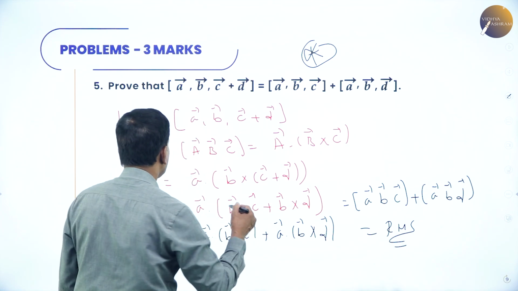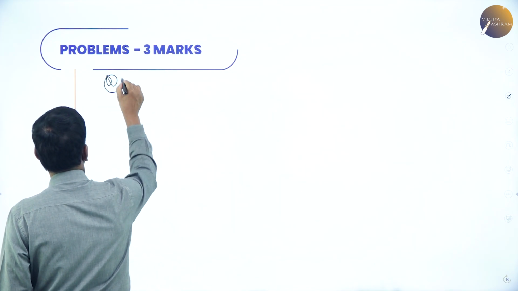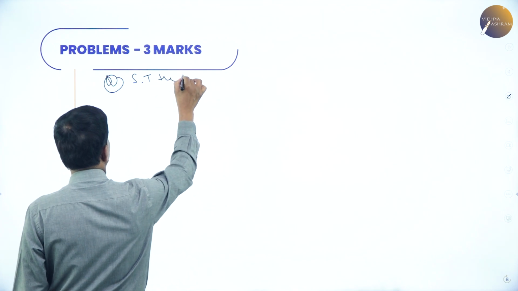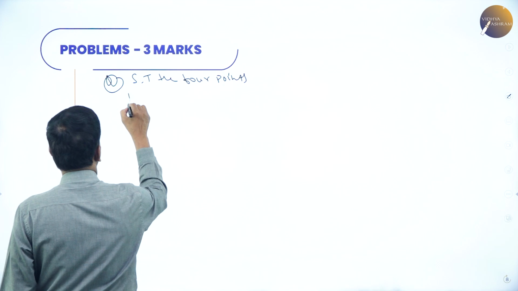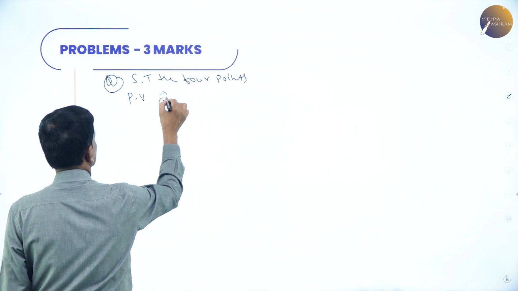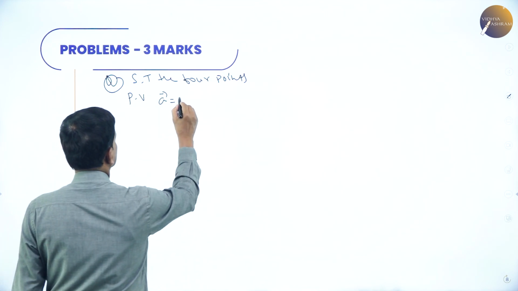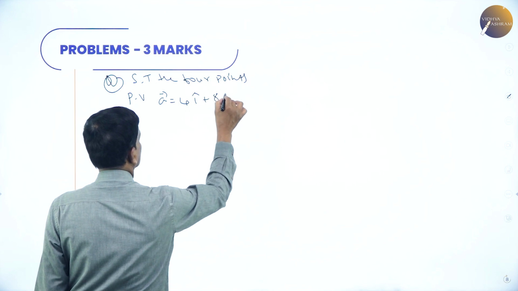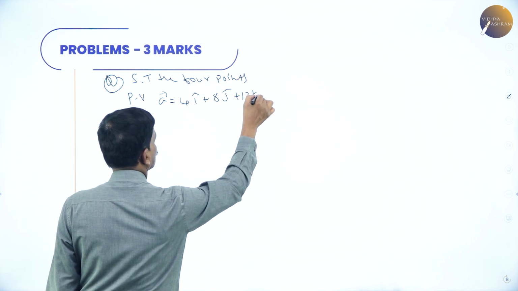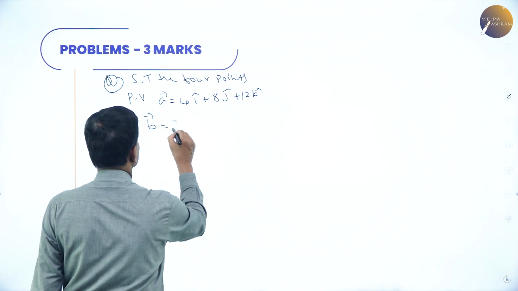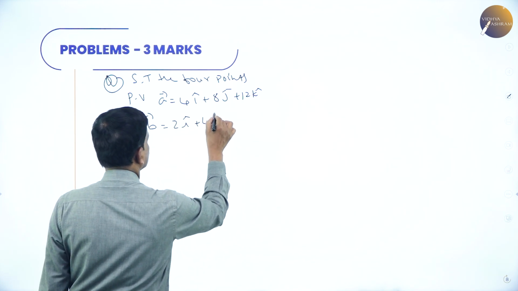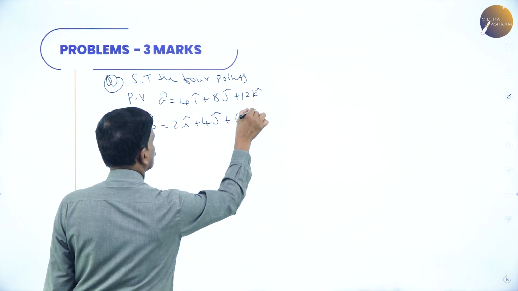Show that the 4 points with position vectors, vector A is equal to 4i plus 8j plus 12k, vector B is equal to 2i plus 4j plus 6k, right.